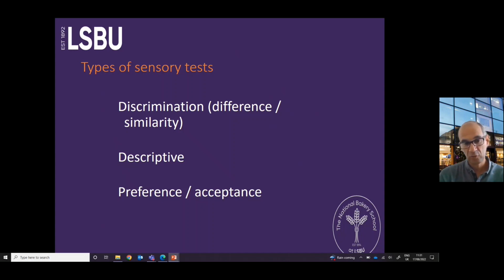If we give 2 products, A and B, or several products, they can order the products in order of preference. And you may have participated in some of these tests yourselves. So these are the 3 groups of tests. Within each, there may be a variety of tests.